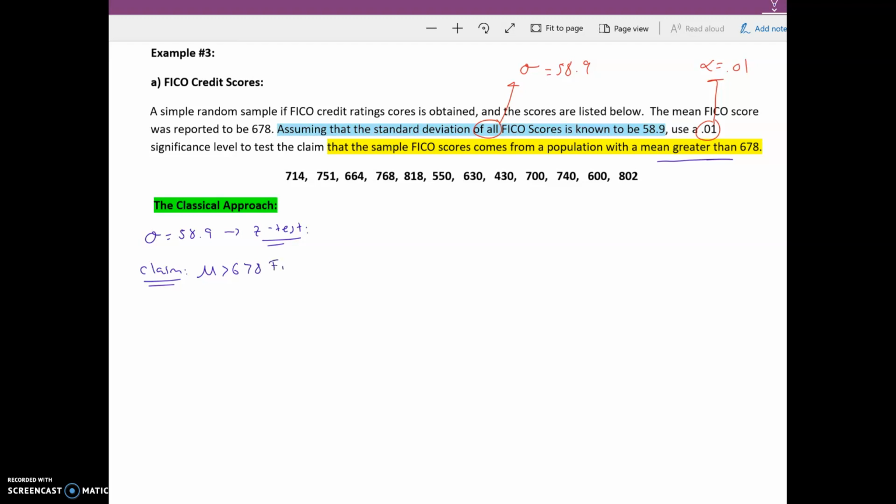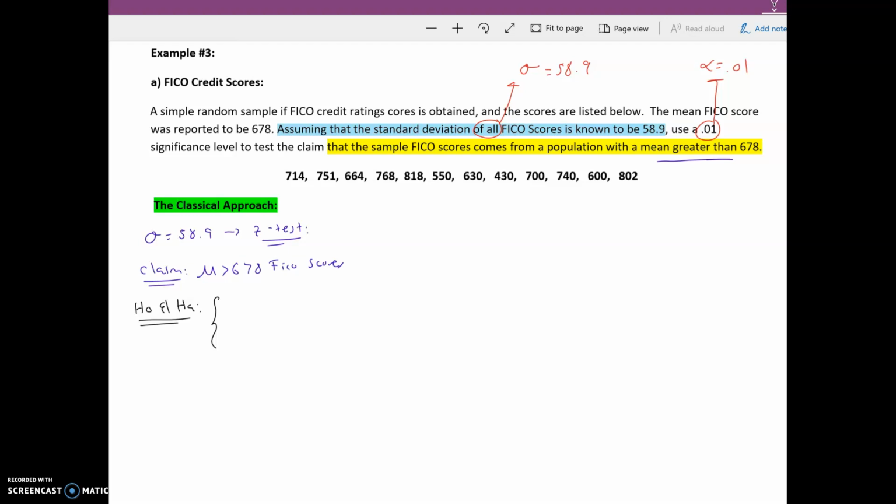Let me just write it as FICO scores. Once we have the claim, we need to state both hypotheses, H0 and technically HA. Since the claim is on greater, we're going to be doing a right tail test.